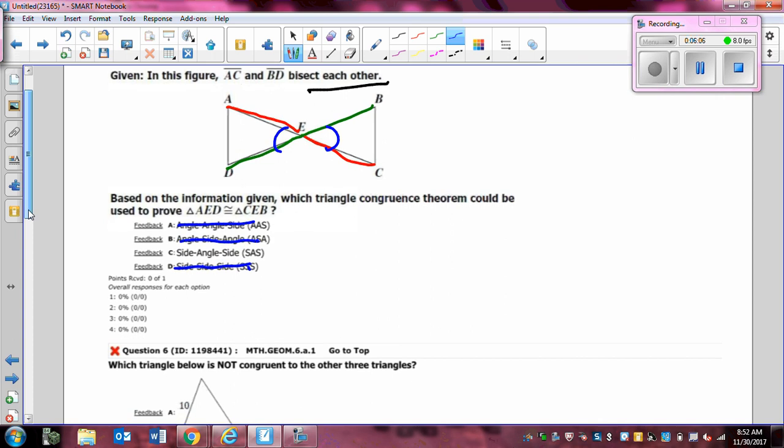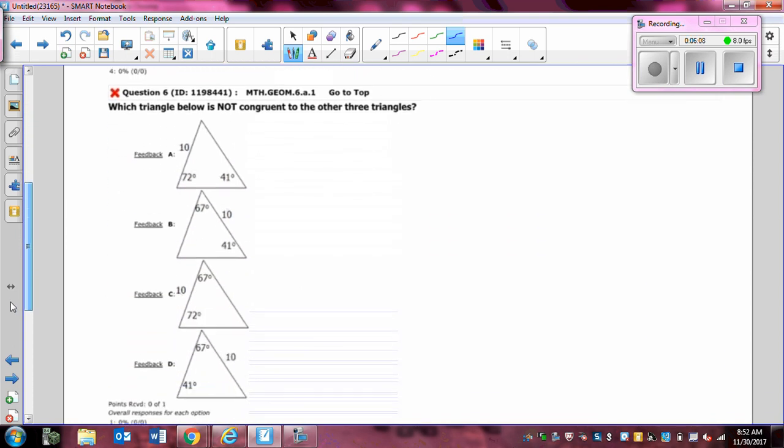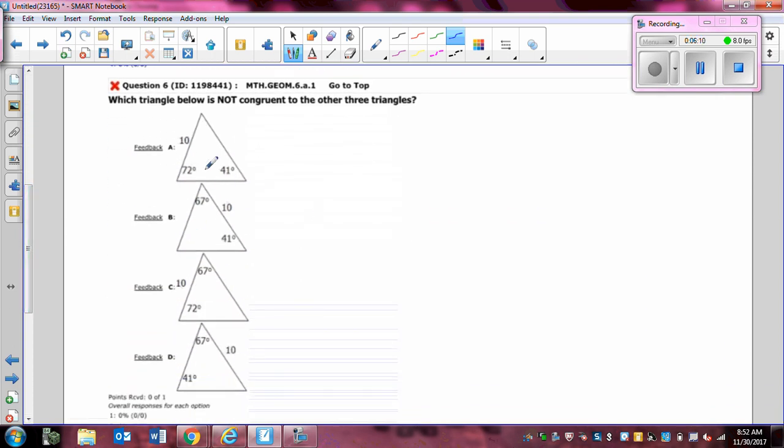You guys need to know how to figure these out. On this one, in order for you to figure out which triangles are congruent, we need to find the third angle in every single triangle. So the third angle in the first triangle, just add up 72 plus 41, and then subtract it from 180, because the angles in a triangle need to add up to be 180.